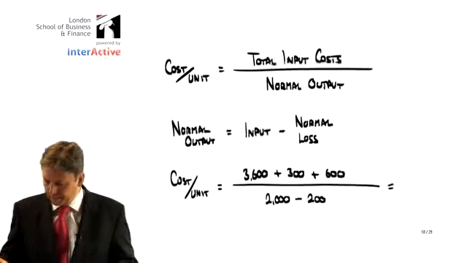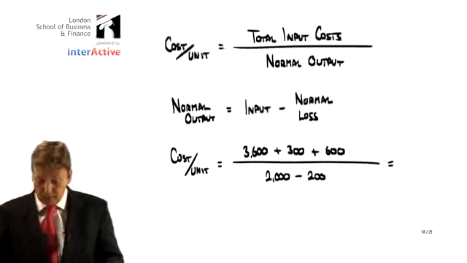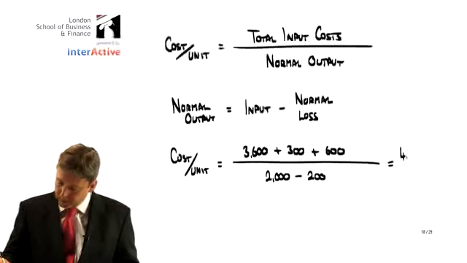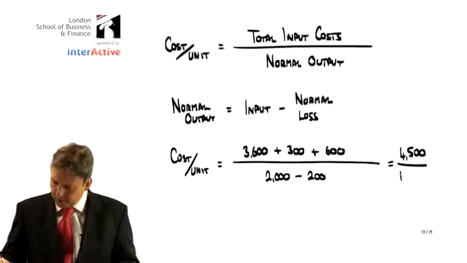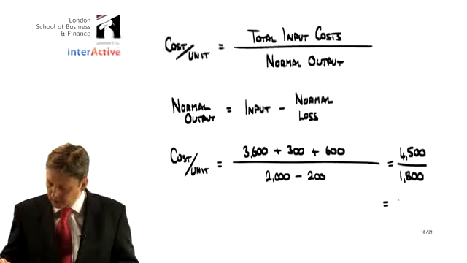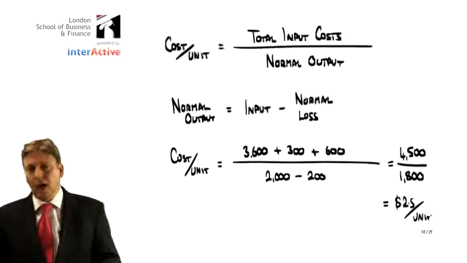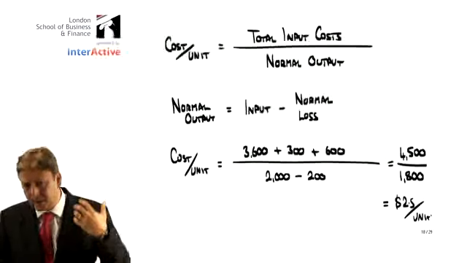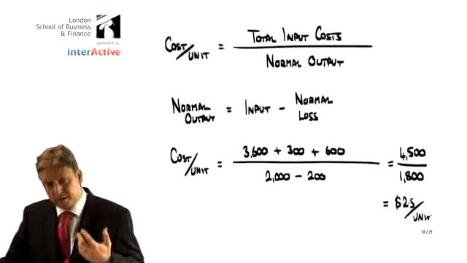So what do we get? The total input, 3,600 plus 300 plus 600, comes to 4,500. Divided through by the normal output, 1,800, and hey presto, we end up with $2.5 per unit. As we will see in a moment, we didn't actually need to know that figure. But this is a classic calculation that we will have to develop as we go forward.